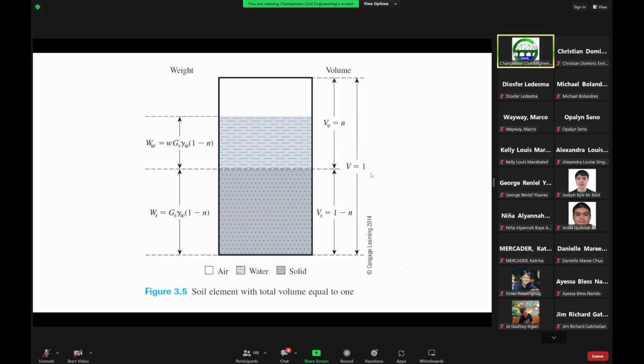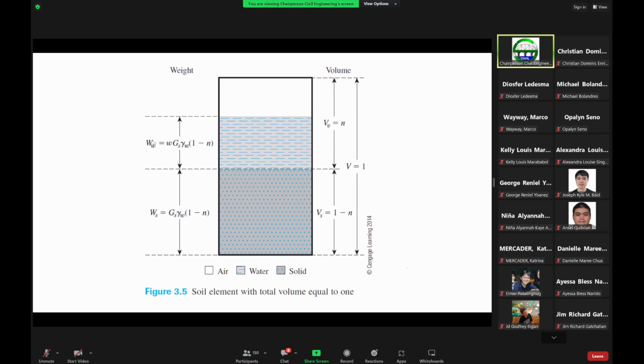By definition, porosity is equal to the volume of voids over the total volume, so the porosity in this case is just equal to the volume of voids. Then the volume of solids will be equal to the total volume, which is 1, minus the volume of voids, which is n.